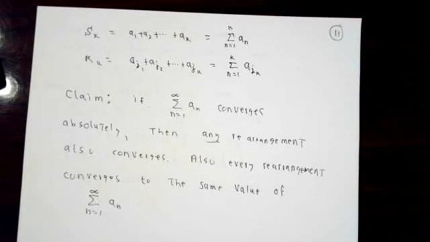I could do that if I wanted to, and it won't make any difference. This absolute convergence business will let us get away with pretending that we're just doing ordinary algebra. So this is a pretty big claim here. So we need to think about why this is true.